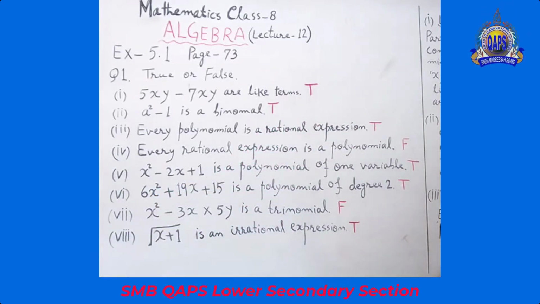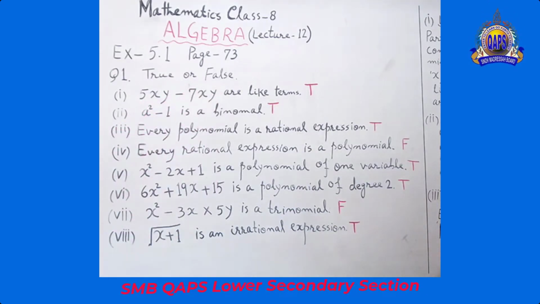And let me explain what that is. 5xy, this is a term. This is called a term. 7xy is another term. So we have two terms.